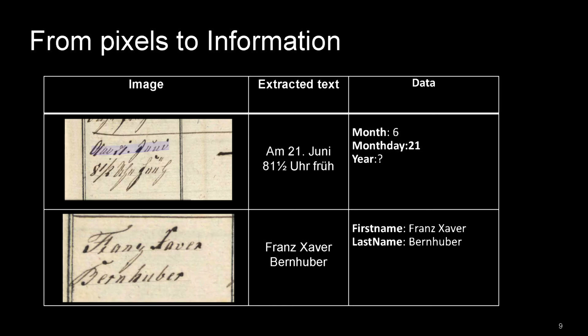You have to analyze the string in order to either normalize it or extract meaningful information. In the first case, the text corresponds to a date with some typos, some errors, and eventually what you want is a normalized version of the date so that you can automatically process it.